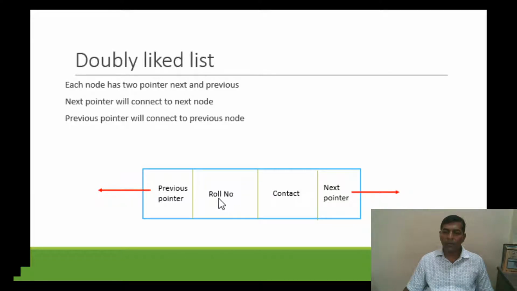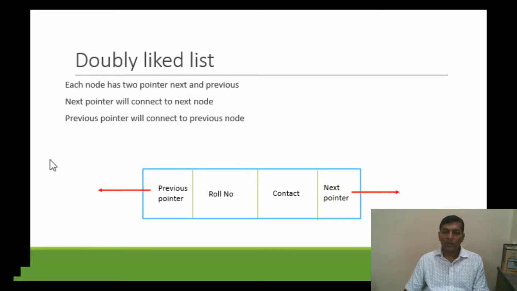Here, for example, we have a student roll number and student contact number as information that we store for the management of data. In addition to this, we have two pointers. One is the previous pointer and the other is the next pointer. Each of these nodes has these two pointers to get connected to other nodes within the list.